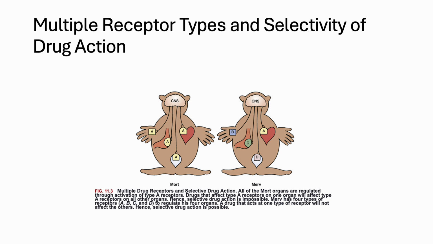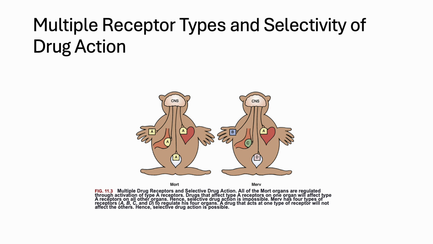Many neuropharmacologic agents display a high degree of selectivity, because the nervous system works through multiple types of receptors to regulate the processes under its control. This relationship between multiple receptor types and selective drug actions is illustrated by the concept of Mort and Merv. So we'll go ahead and review Mort and Merv again.